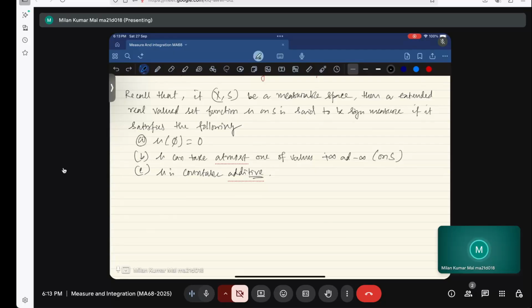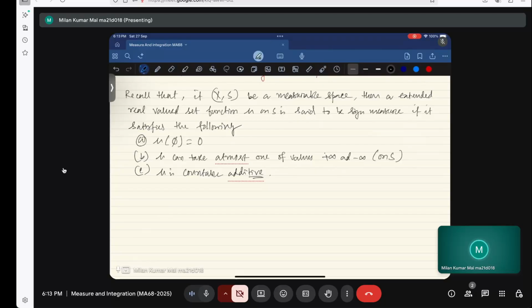Recall that whenever you define the standard measure, it is always a positive measure, that means extended non-negative real valued. That was the initial situation. But here we are taking values in minus infinity to infinity, but it can take only one of the values. That means there does not exist two sets A and B for which mu of A is infinite and mu of B is minus infinite. That can't happen. So this is what a signed measure is.